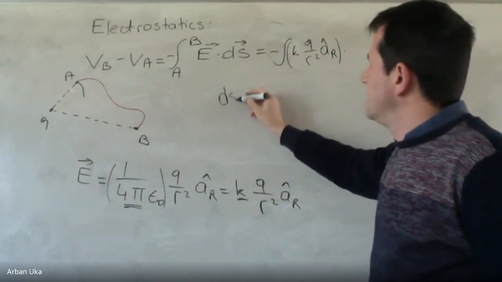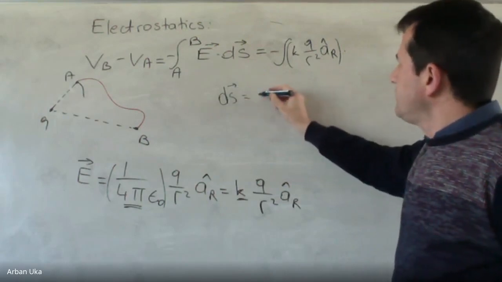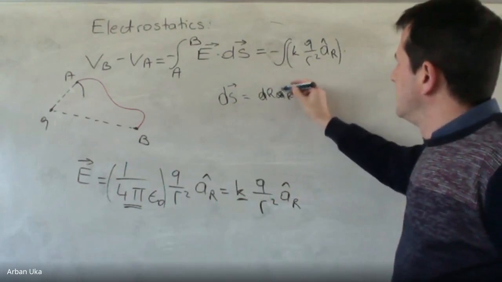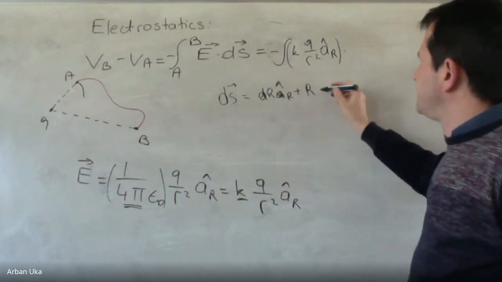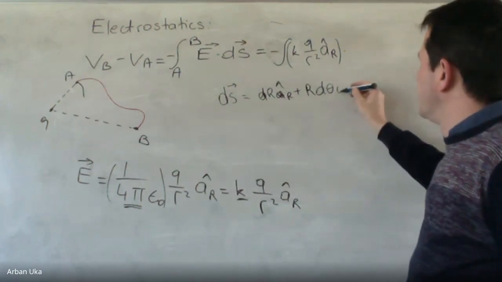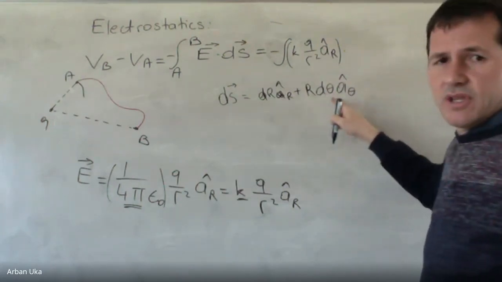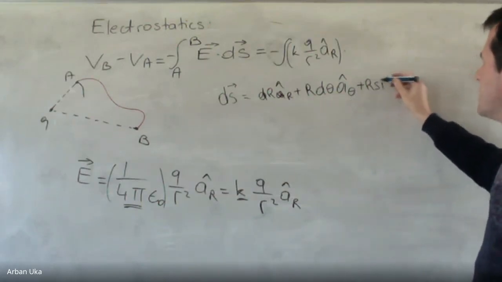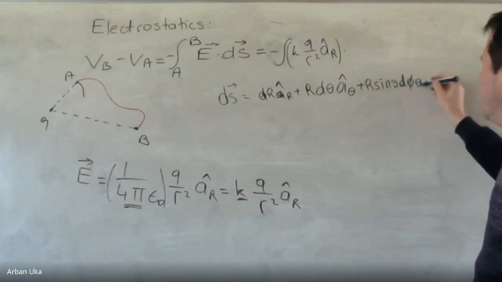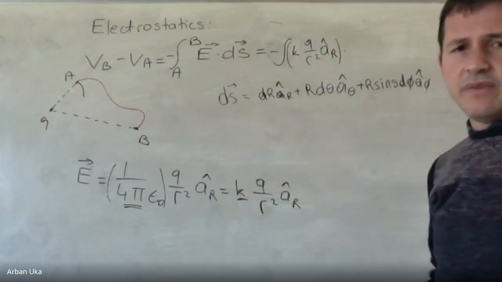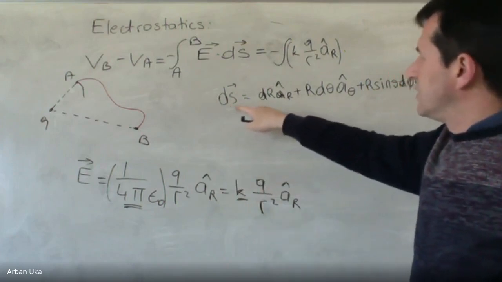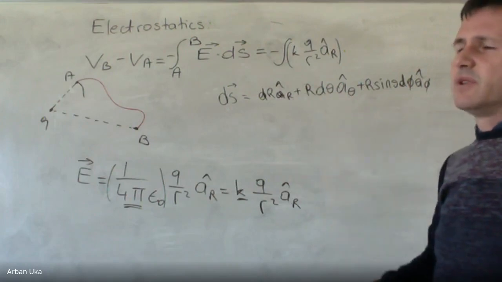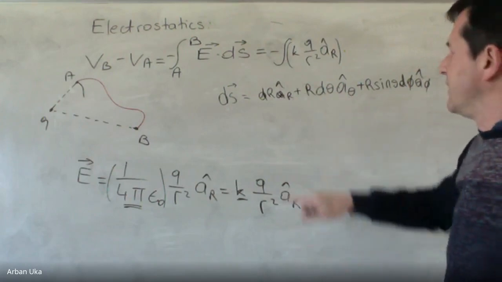So let ds be equal to dr a_r plus r d theta a_theta, so this is how we can write it in a different coordinate system, plus r sine theta d phi a_phi. So this is an infinitesimal length vector that we can write.